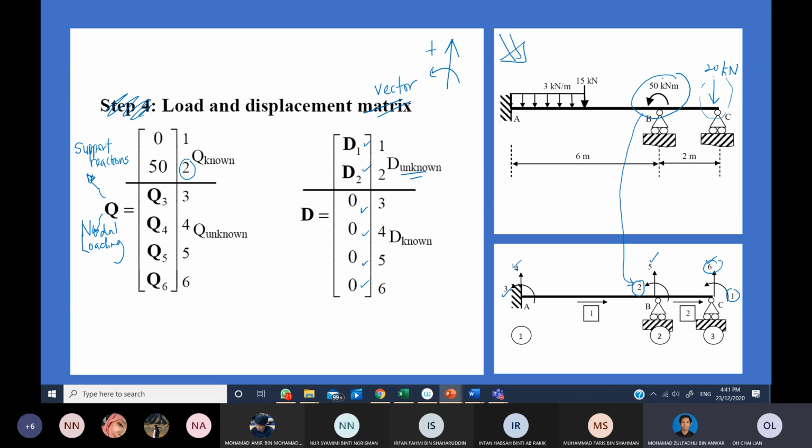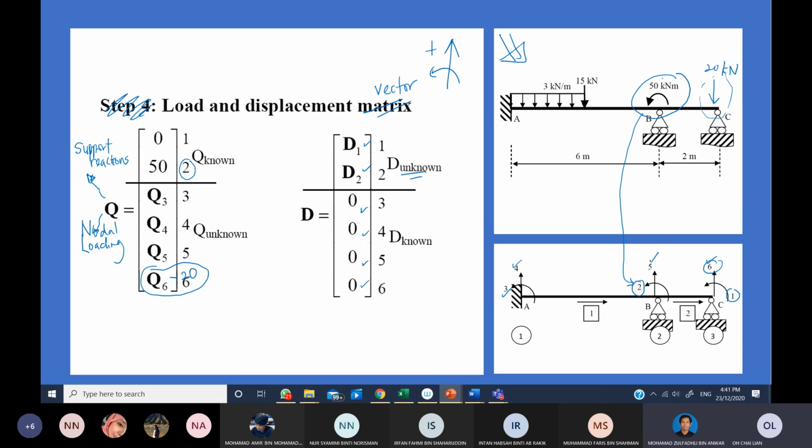The CY value is still there, right? The support reaction is still there, but on top of that, there is the 20. Therefore, in this case, this element of the vector will be Q6 minus 20.